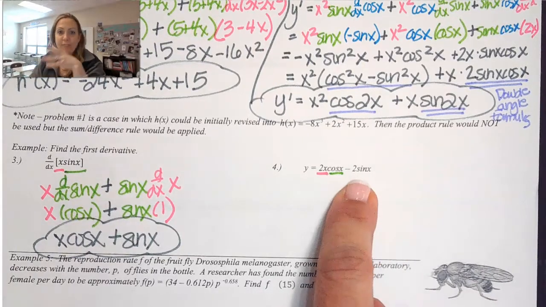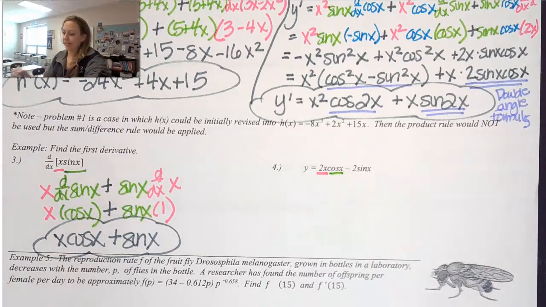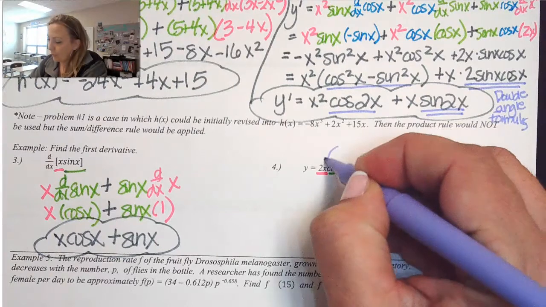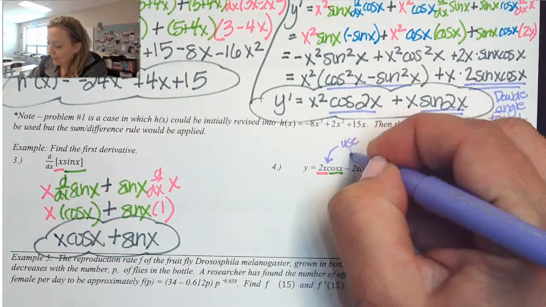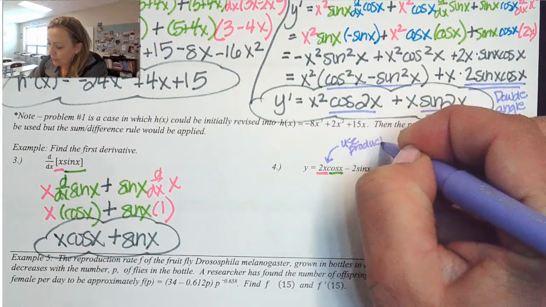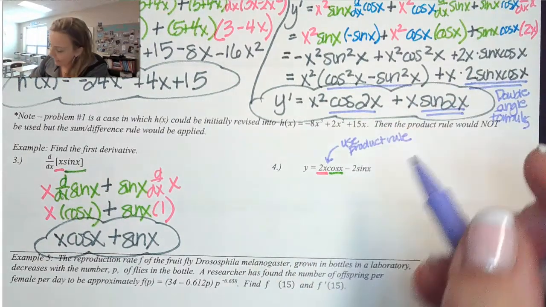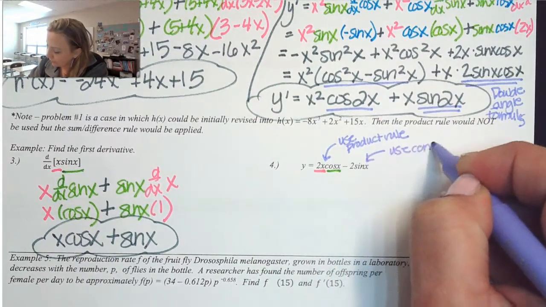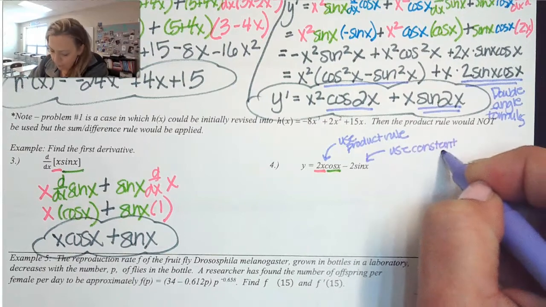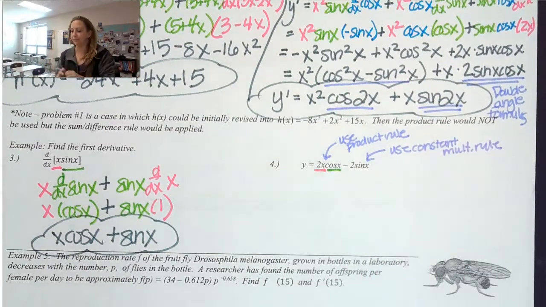Here, when we have 2 times the sine of x, the 2 isn't a function of x itself. So here we're just going to use the constant multiple rule. So it is important for us to realize when it's appropriate to use the product rule, when we have 2 or more functions involving x, and when we can use the constant multiple rule. Okay, so just be cautious about that.